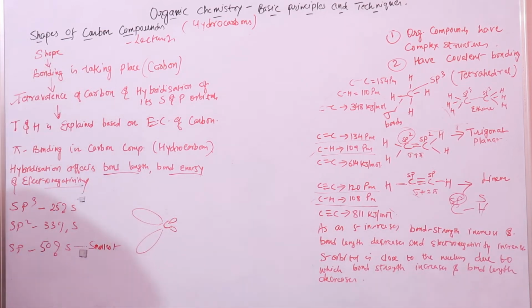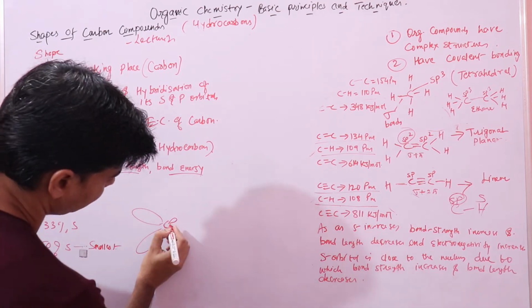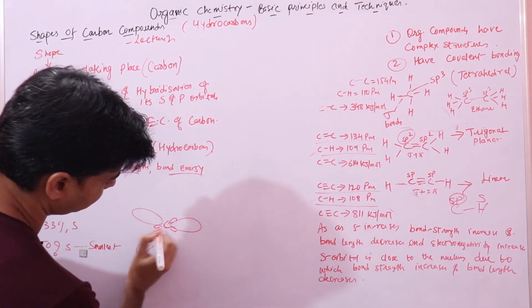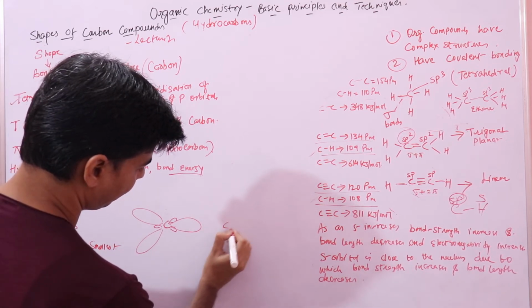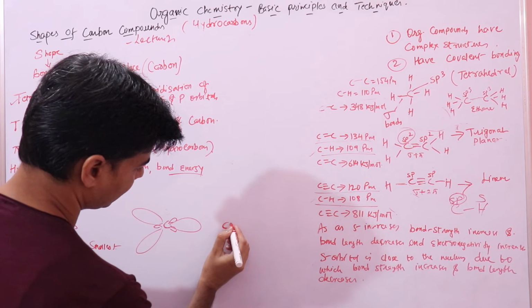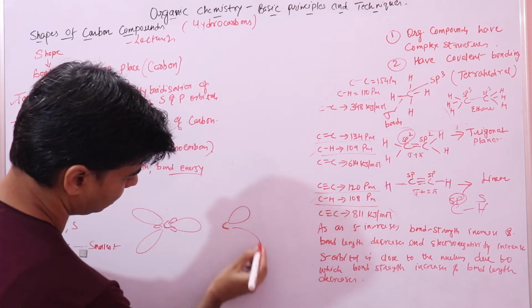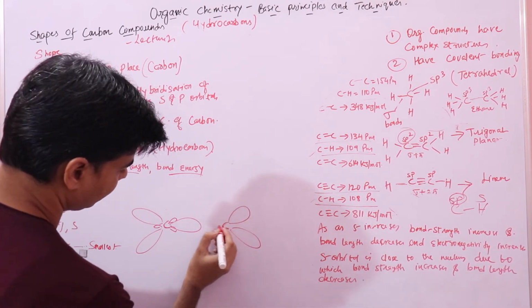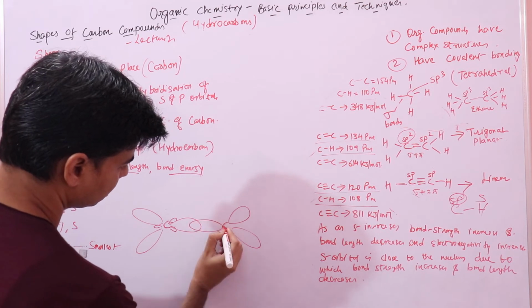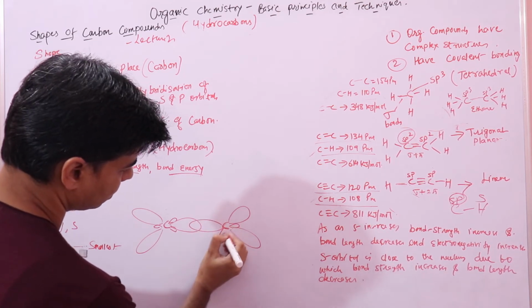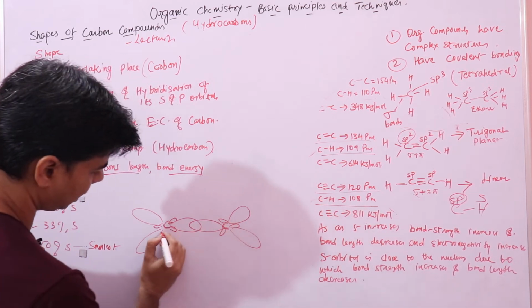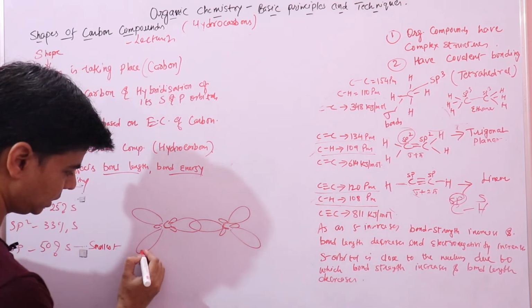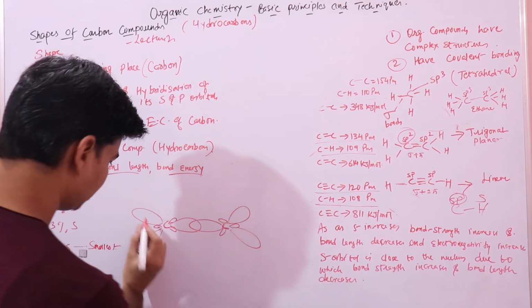This is how we draw hybrid orbitals. And this is the third orbital. Similarly, for the other carbon atom, this is one orbital, this is the second orbital, and this is your third orbital, right?